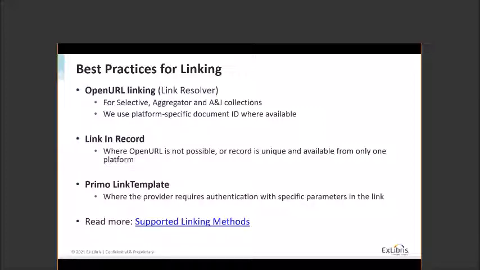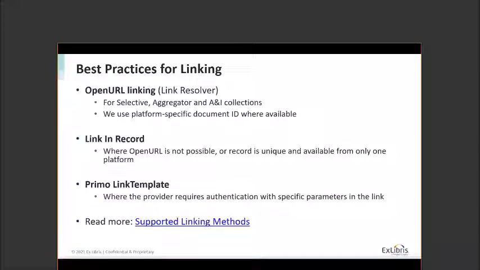Link in record: where OpenURL is not possible, or the record is unique and available only from one platform, we will use link in record. A small type of the link in record is the Primo link template, when the providers require authentication with specific parameters in the link.